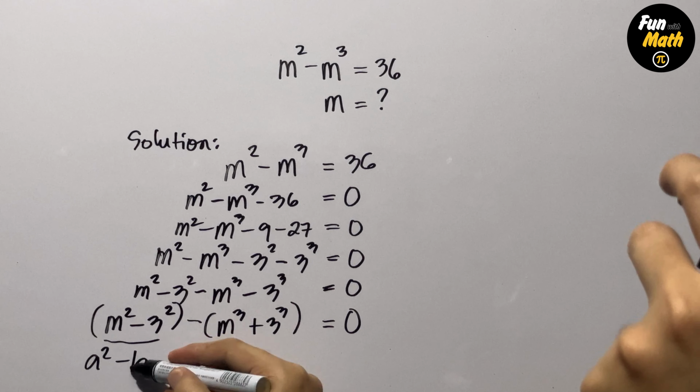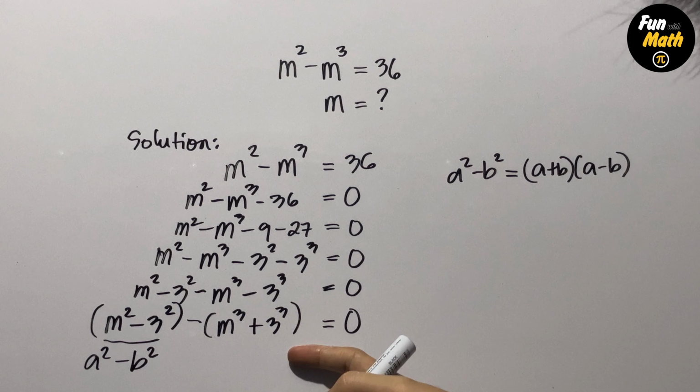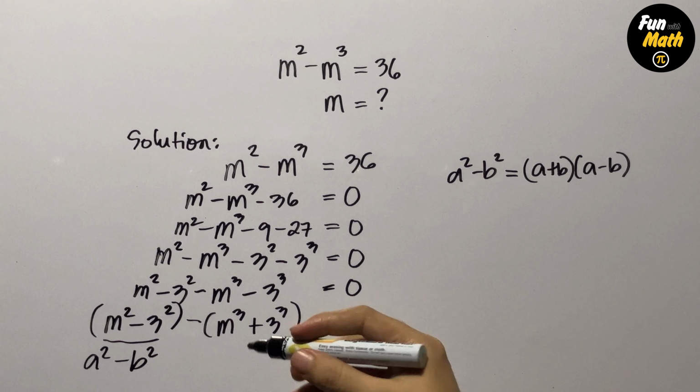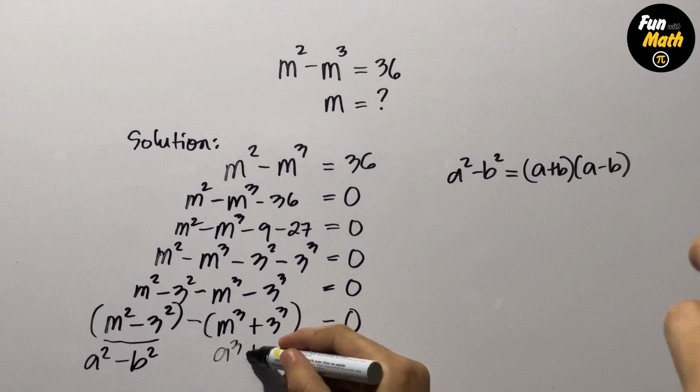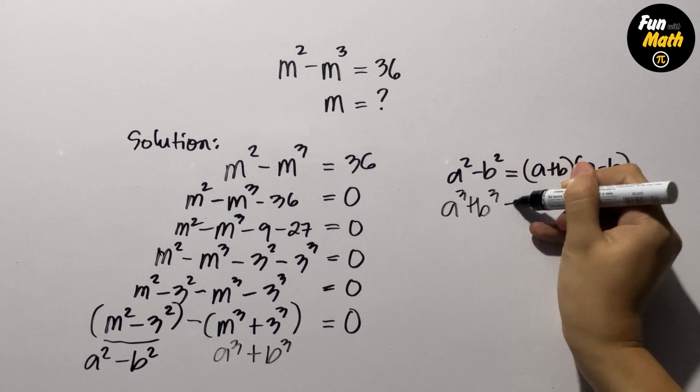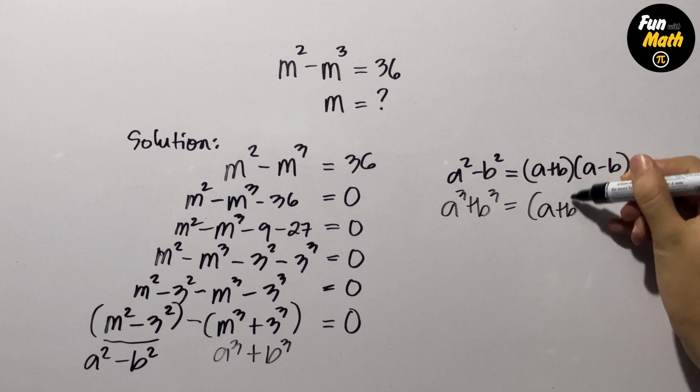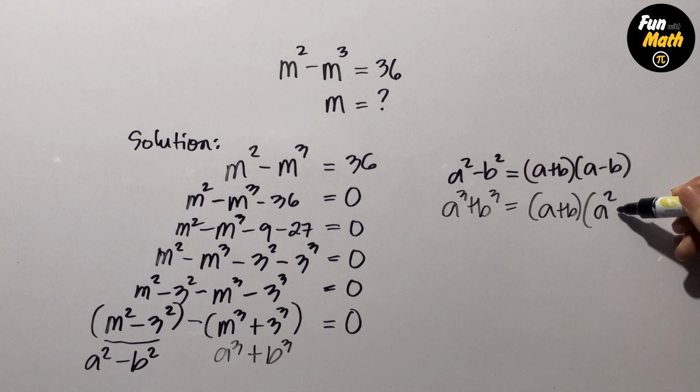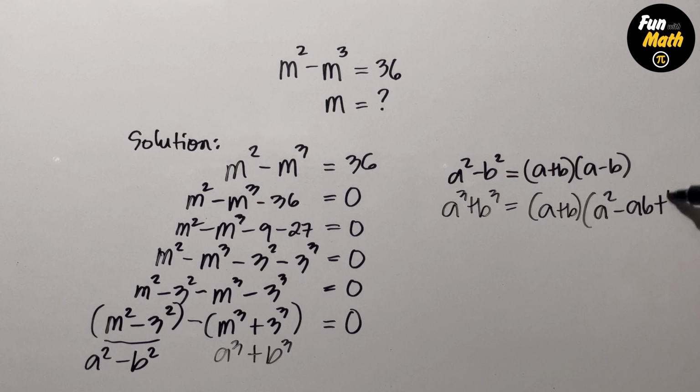Now for this pair, this is in the form of an identity, a squared minus b squared. If you still remember, a squared minus b squared is an identity which is equal to a plus b times a minus b. And for this pair, this is an identity, a cubed plus b cubed, which is equal to a plus b times a squared minus ab plus b squared.